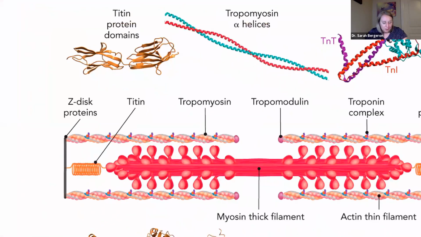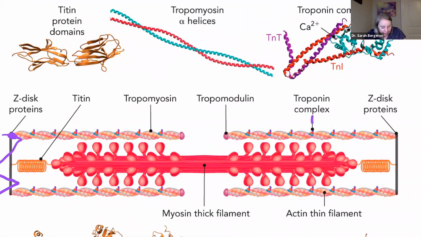Okay, so here's our Z disc, and what's unfortunate is that they're not showing this as really a Z, but it is really a Z. So you have your actin, which is hooked to your Z disc, right? And you've got these troponin complexes that occur every so often on the actin filament.